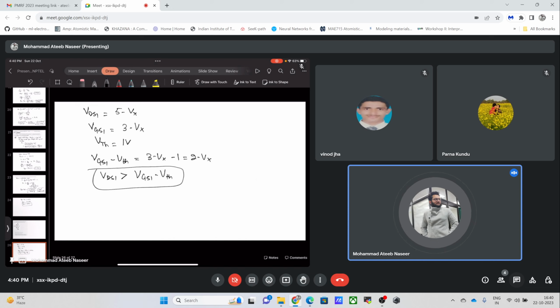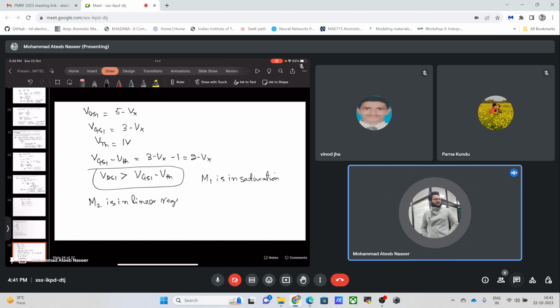So it implies that M1 is in saturation. So we are sure now that M1 is always in saturation, and M2 is not in saturation, because we first found out that M2 cannot be in saturation. So the only thing left is that M2 is in linear region.